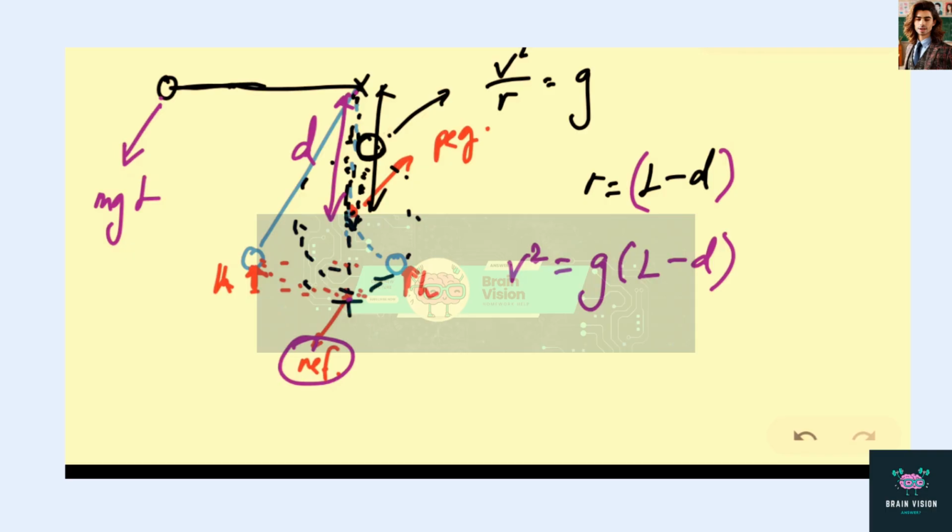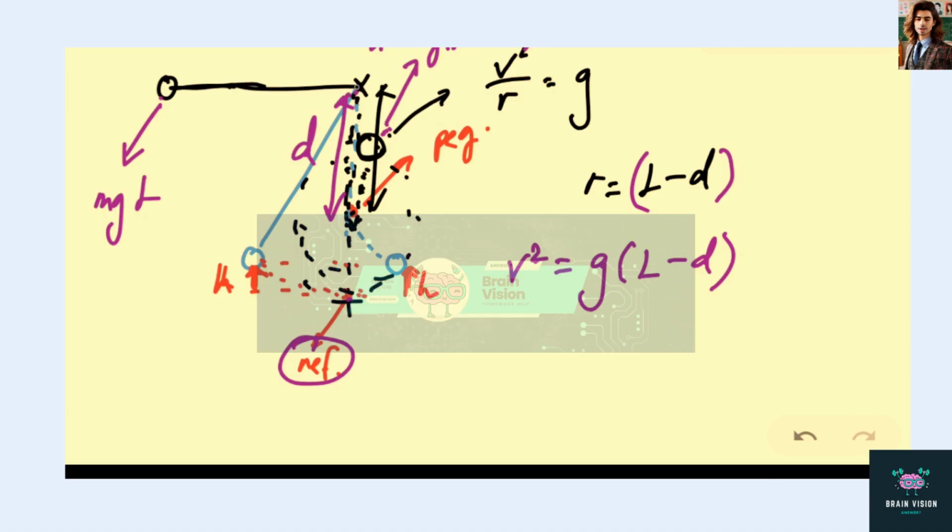On the other hand, at the top of the circle, the potential energy is mg times (L minus 2 times (L minus d)).